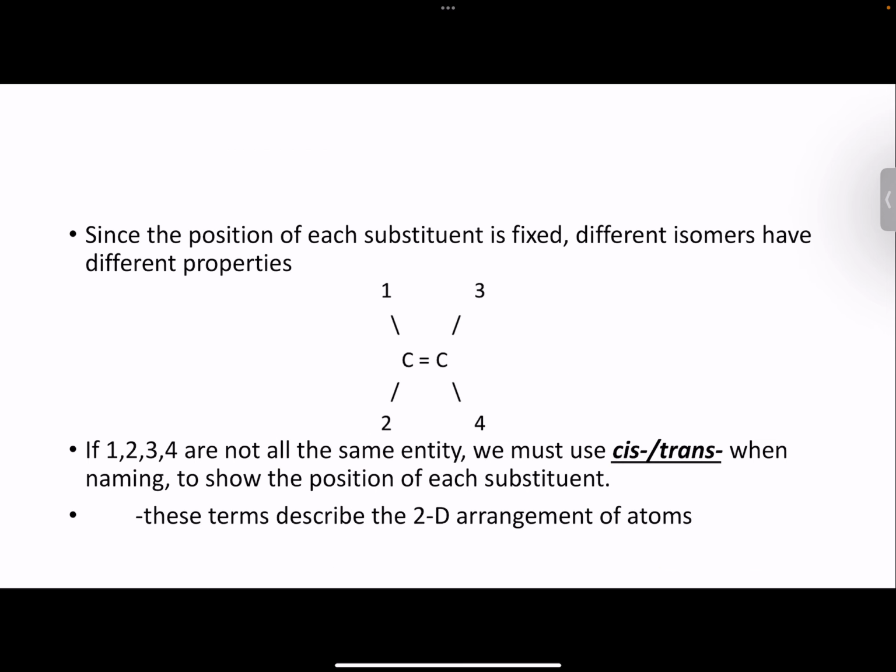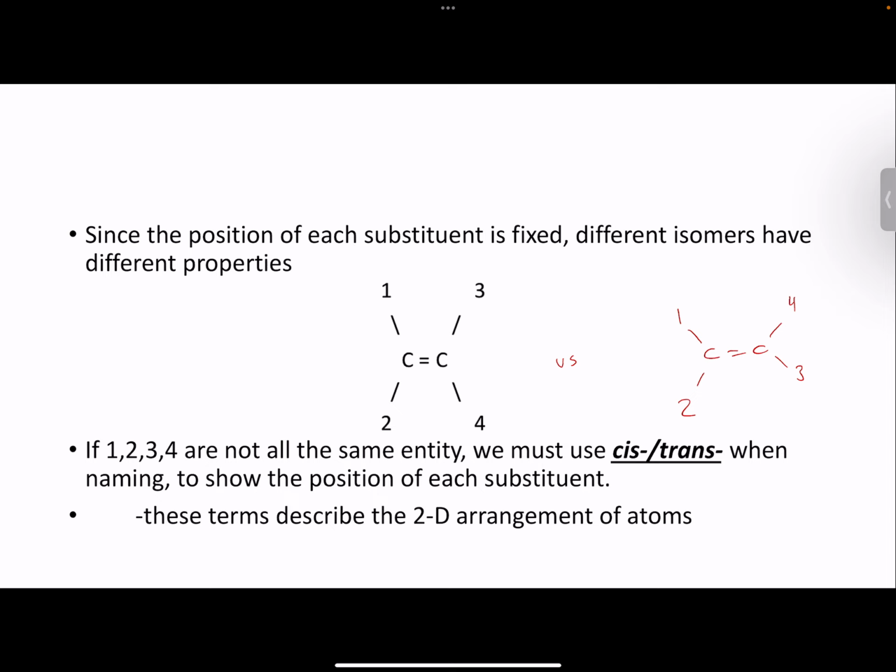So because these molecules are in fixed positions, right? If we have this molecule here versus this molecule where substituent 4 points up rather than substituent 3 on the right-hand side, these are different molecules. They will have different melting and boiling points, different solubilities, and we have to account for that.